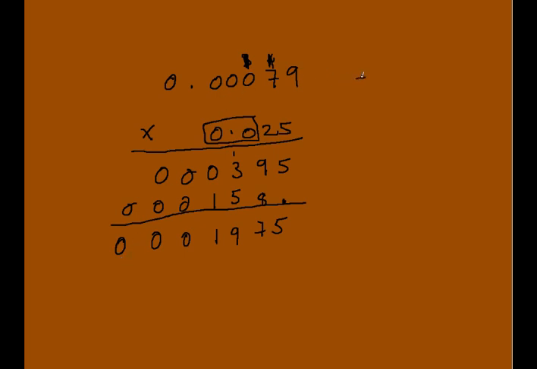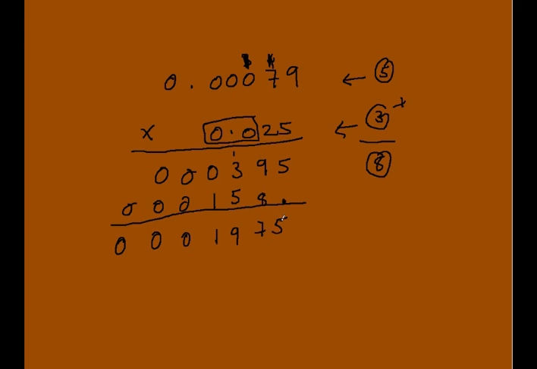Now, let's count. How many numbers do we have after the decimal here? 1, 2, 3, 4, 5. And how many numbers do we have after the decimal here? 1, 2, 3. So how many numbers in total do we need to have after the decimal? 5 plus 3, which is 8. So we need to have 8 numbers after the decimal.